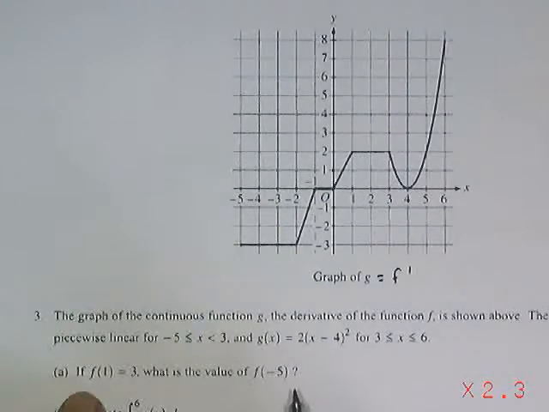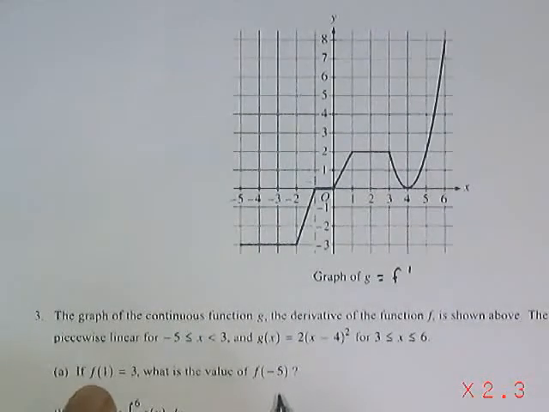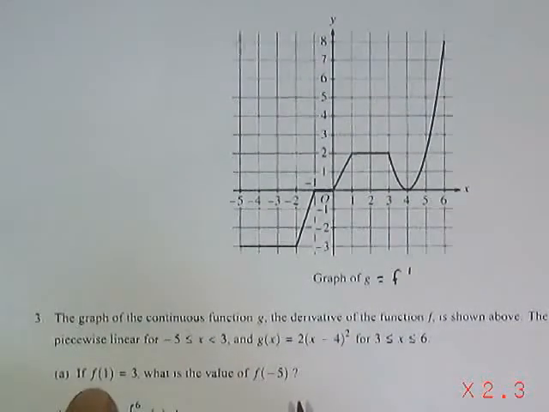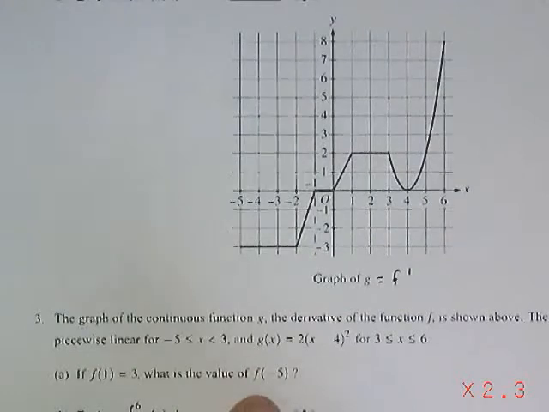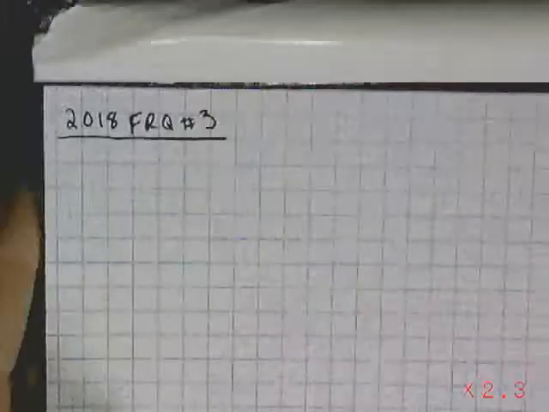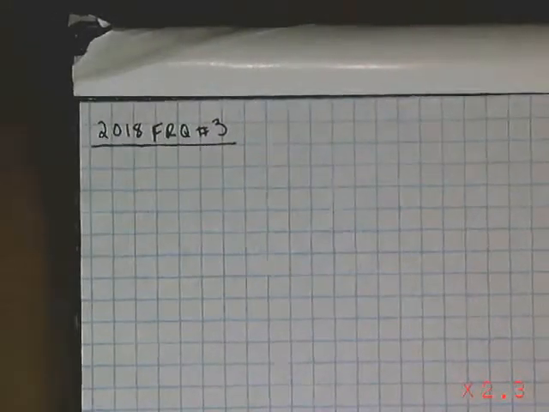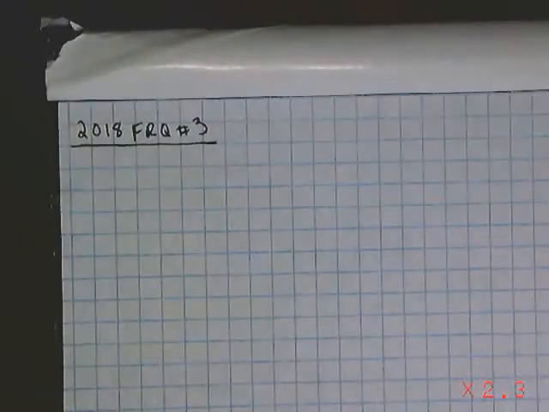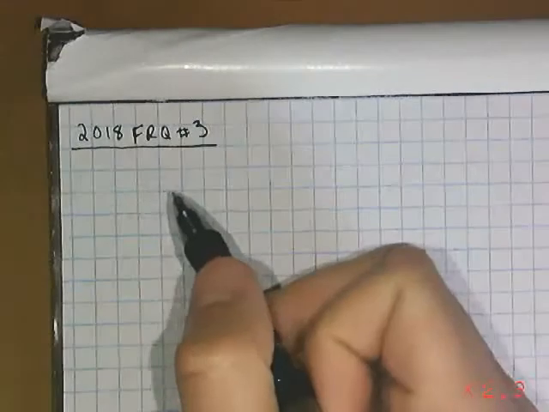So we need to come up with some relationship between the function value at 1 and the function value at -5. I'm going to start out very generic and basic. I'm kind of making this up as I go, so if it doesn't totally flow, forgive me.